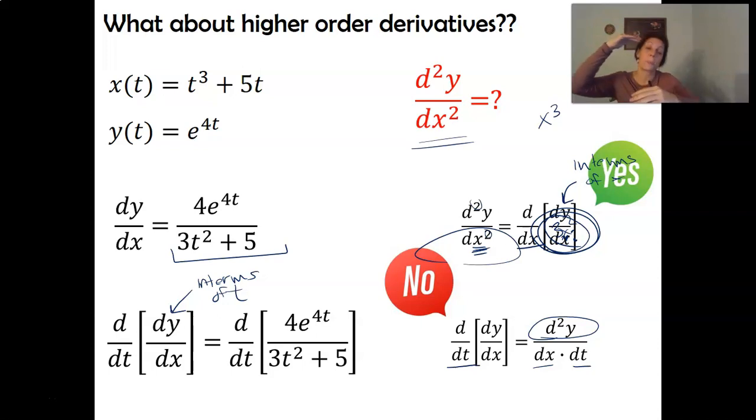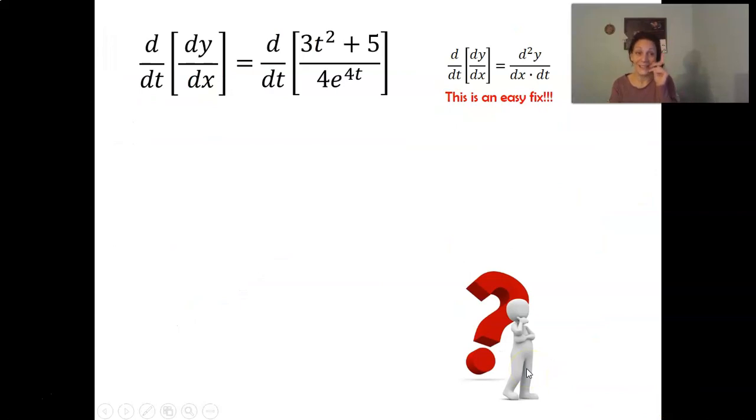You do the quotient, and the t's cross out, and you get a nice, neat dy/dx. But when you take the derivative of that, you're no longer doing a derivative with respect to x, you're doing a derivative with respect to t, and this is what you have left, and we have to fix it. You cannot stop there. Okay, it's an easy, easy fix.